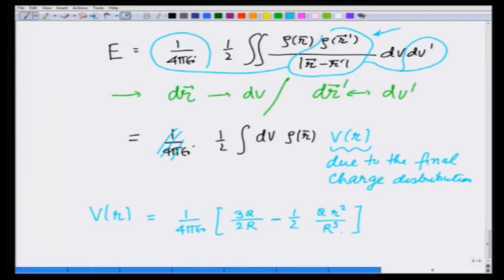This is one of the assignments I had given earlier, so that you can see that this is equal to 1 over 4 pi epsilon 0 q over r for r equals r.